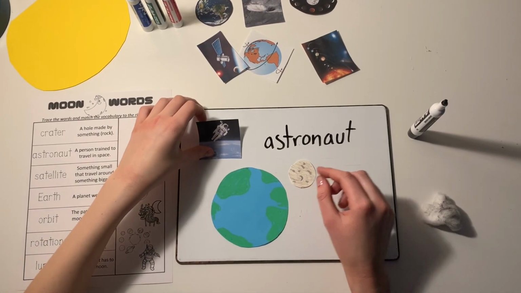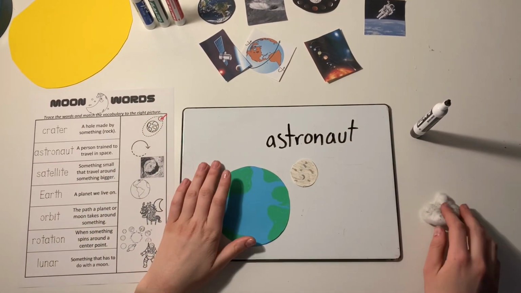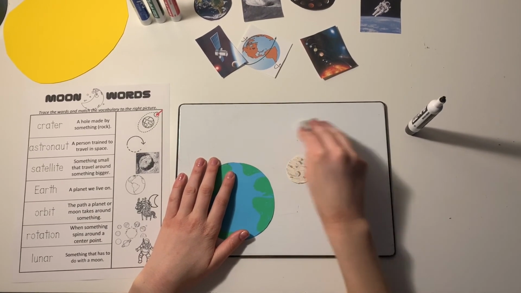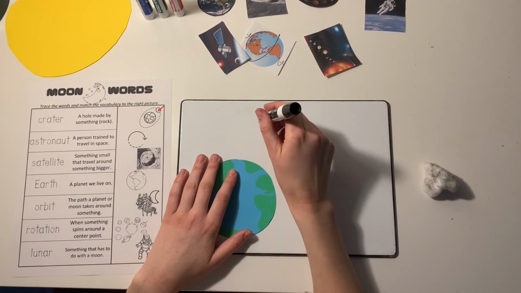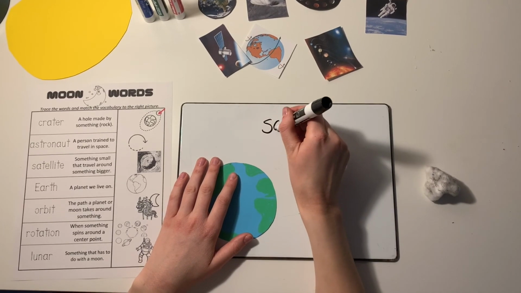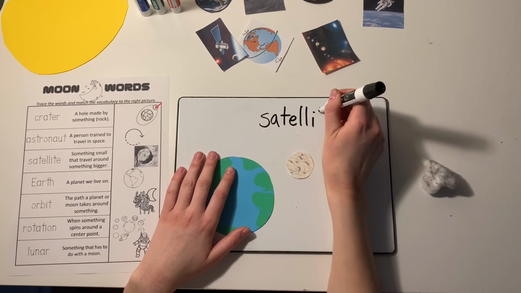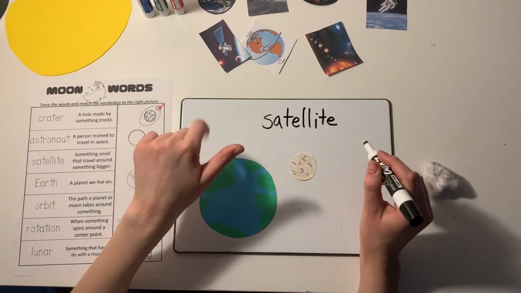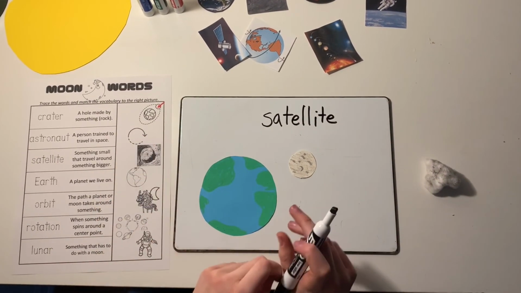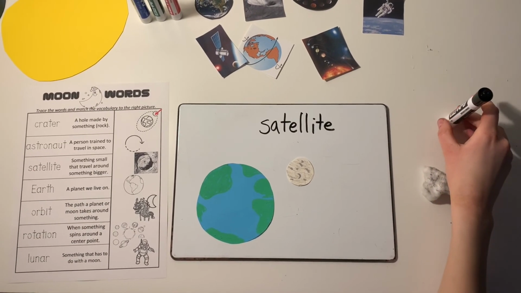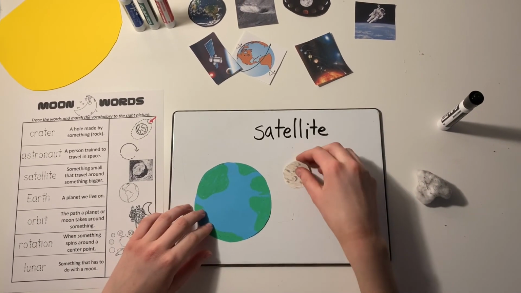And the moon, I'm going to tell you, is something that we call a satellite. This is a weird word. Satellite. Another 3-syllable word. Now, a satellite is something small that travels around something bigger.